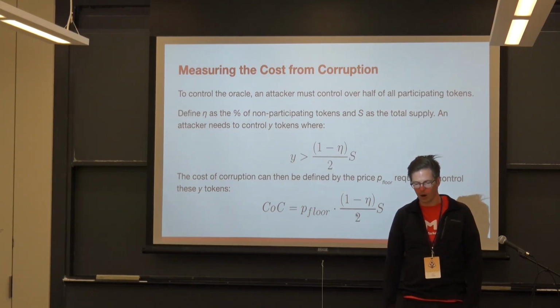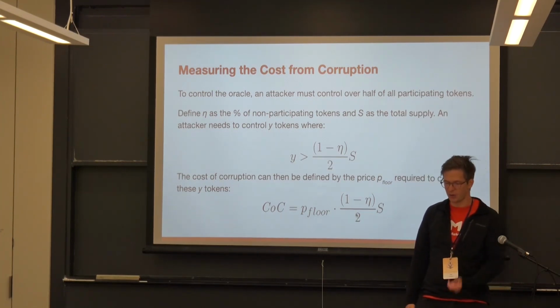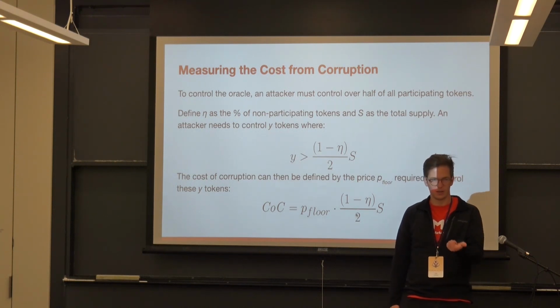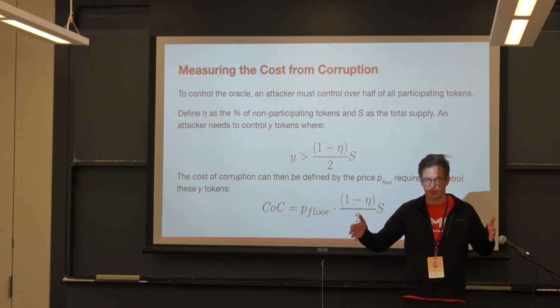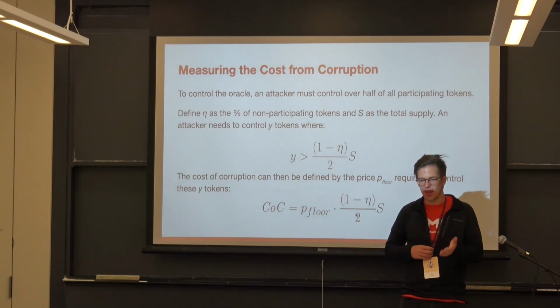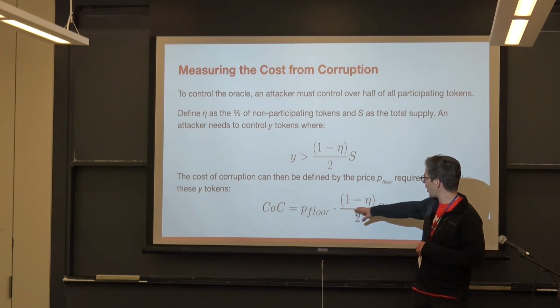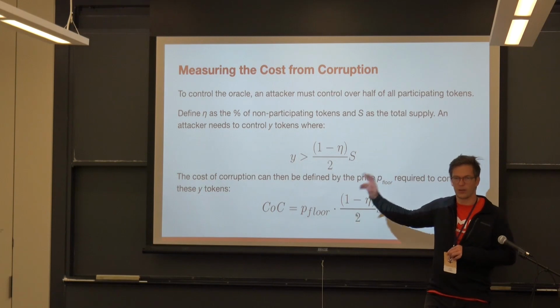Our Y value here is the number of token rights, half of the participating token supply, that an attacker would need to control to corrupt the system. Then our cost of corruption is the price at which it costs to buy these tokens. We call that our cost of corruption.